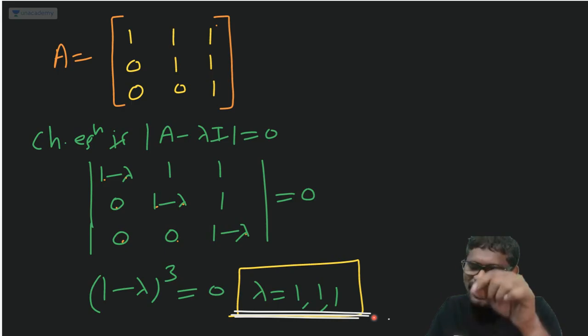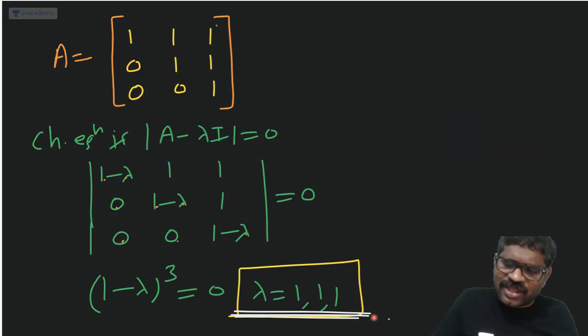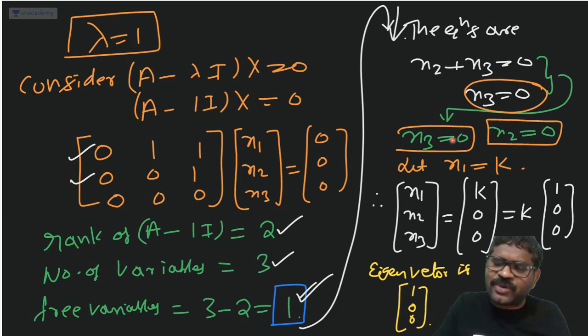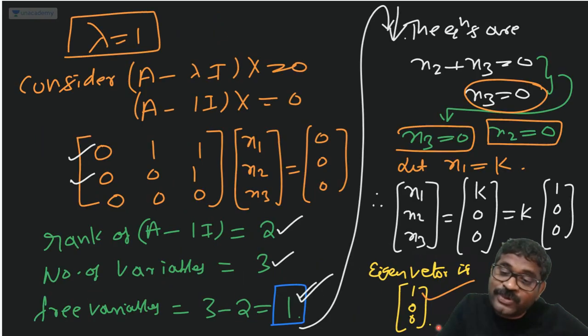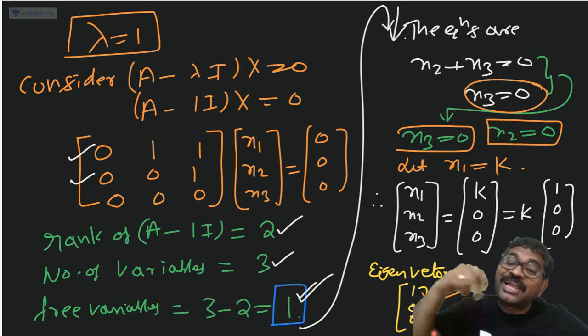Nandini, I am coming to your question. Come here. In the case of repeated eigenvalues, you have here only one independent eigenvector. One independent eigenvector, but you have three eigenvalues, one eigenvalue repeated 3 times. What about the remaining? Remaining are dependent.